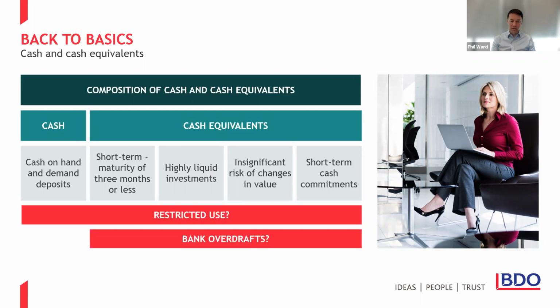Cash equivalents are defined in FRS 102 as short-term, highly liquid investments that are readily convertible into known amounts of cash and which are subject to insignificant risk of changes in value. This definition might result in a different number presented in your balance sheet under cash, as opposed to the number used in your cash flow statement, cash and cash equivalents. If this is the case, it's really important that a reconciliation is disclosed in your accounts.